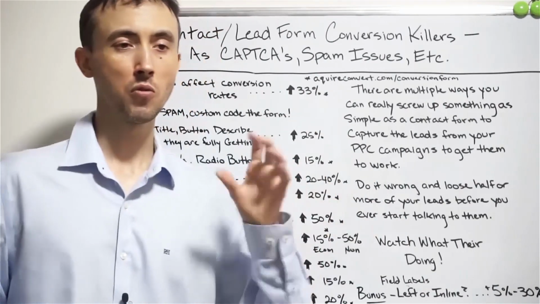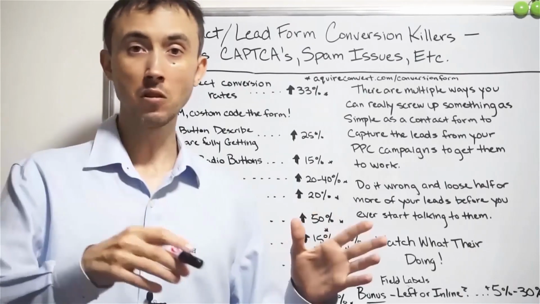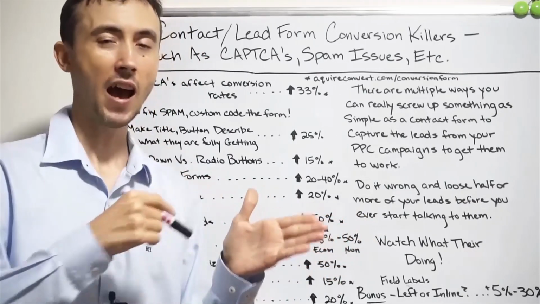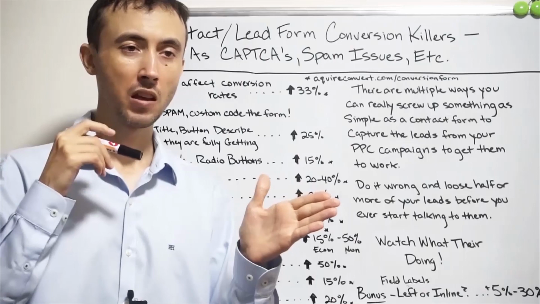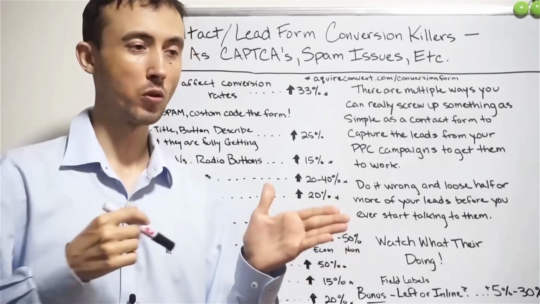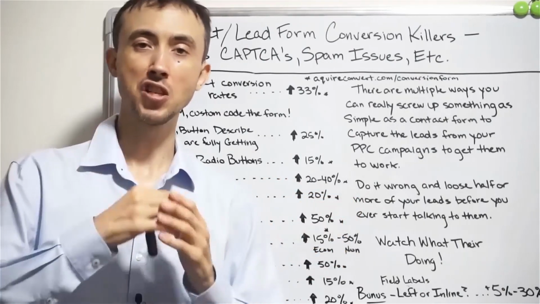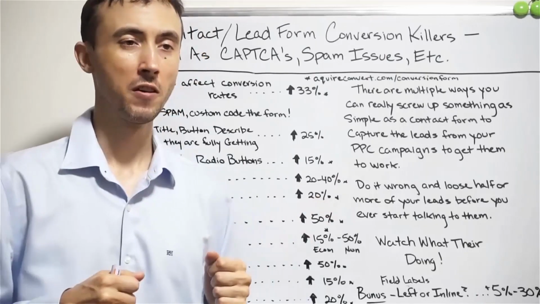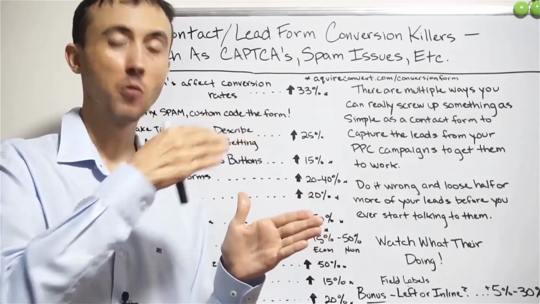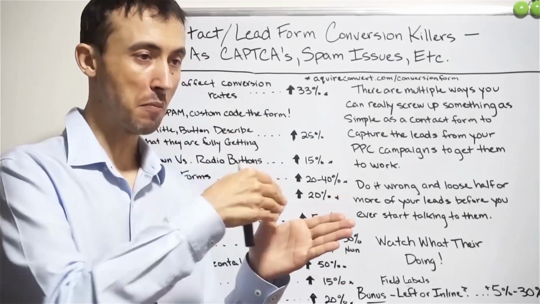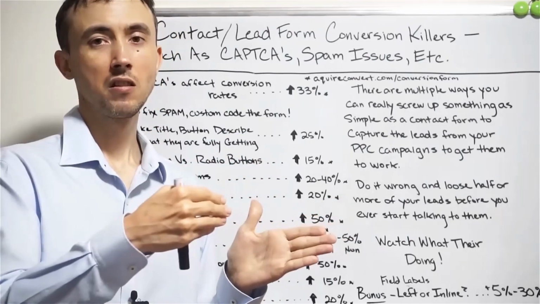That's how you need to be thinking about your form. How can we change the form in terms of the labels? Because they'll also have form spam tools that will look for forms in plain HTML that don't use a plugin of some sort. It looks for what they call footprints, like name, address, whatever.